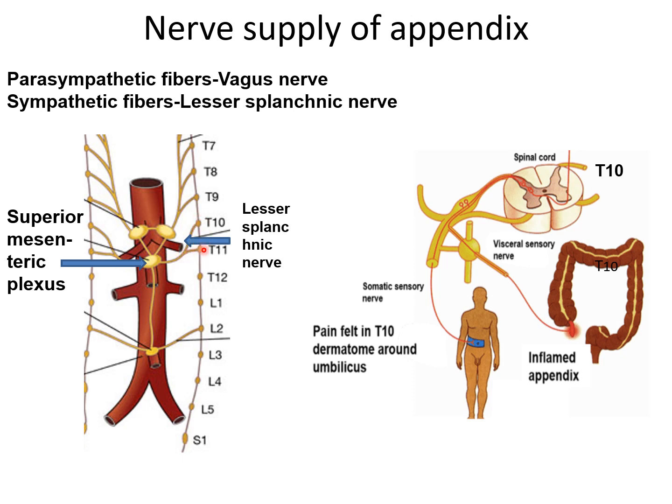The same segment, that means T10, will be even supplying the skin around the umbilicus through its spinal nerves. And this is the reason during appendicitis there is a pain around the umbilicus, which is an early symptom of appendicitis, because both the appendix and the skin around the umbilicus is deriving its nerve supply from the same segment T10.